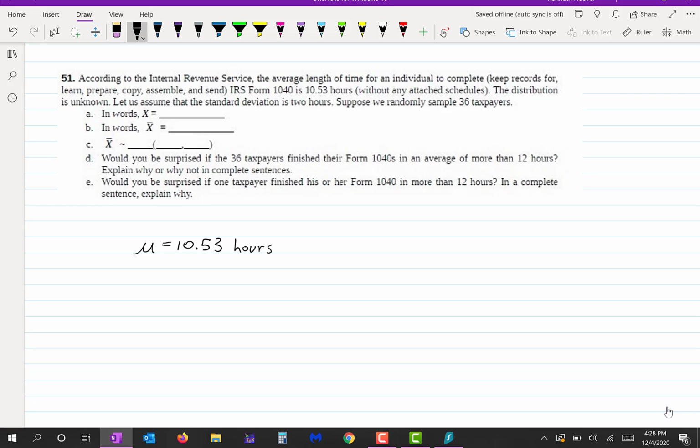I don't know where they are coming up with that assumption, but the point is that they are telling us to use 2 for sigma. Standard deviation is 2 hours, okay? All right, suppose we randomly sample 36 taxpayers. So n is 36 people.